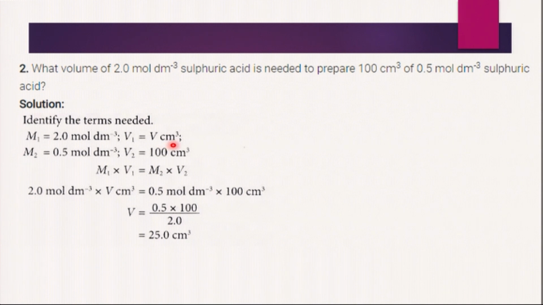V1 is not known because that is the volume that we are asked. M2 is 0.5, that is the diluted. After the dilution, you're supposed to have 0.1. V2 is 100 cubic centimeters. Then what will be V1? Just substitute in this. It is just a substitution, 25 cubic centimeters.